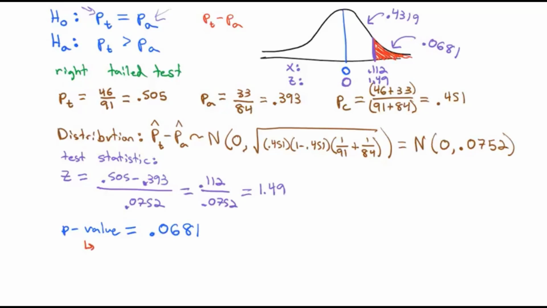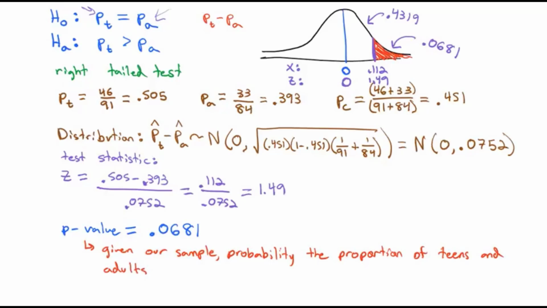which means, given our sample, the probability the proportion of teens and adults who order dessert is the same is 6.81%.